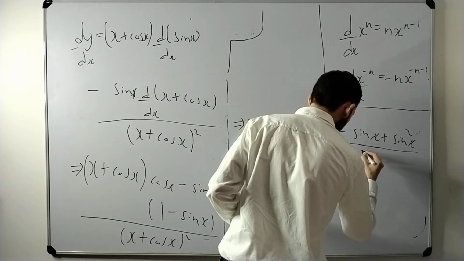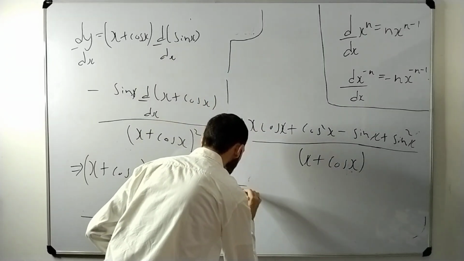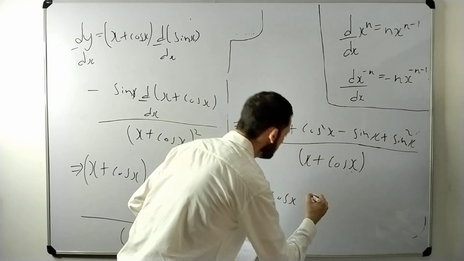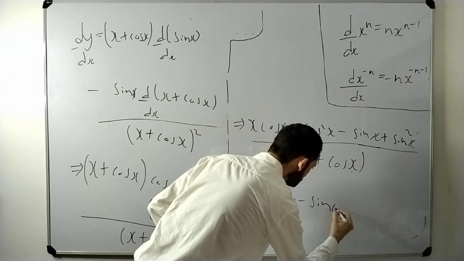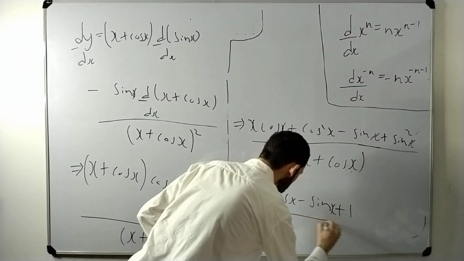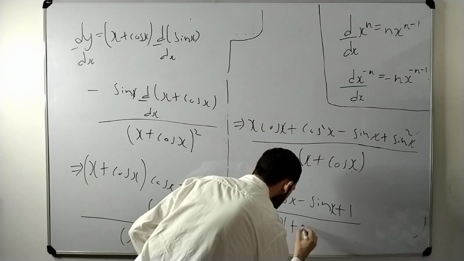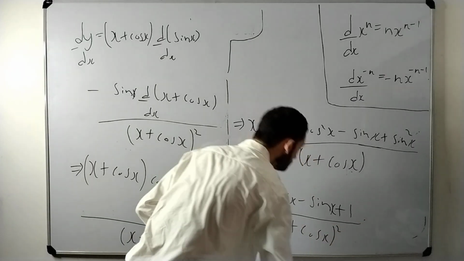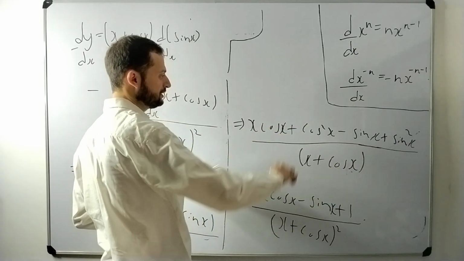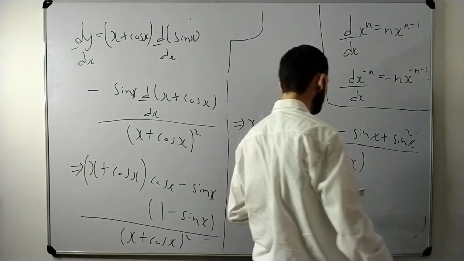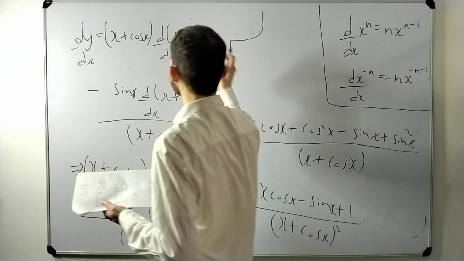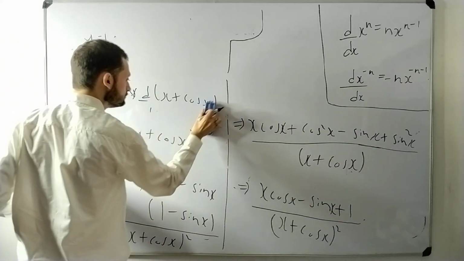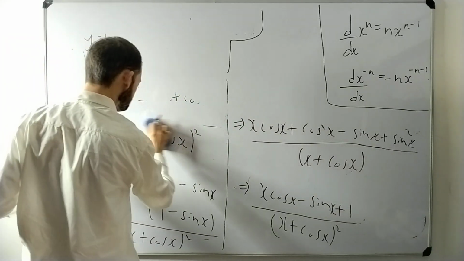What is it? The very easy identity, x cos x minus sin x plus 1, x plus cos x. So we are using a trigonometric identity. You think yourself what identity it is. So the next question, this is the answer, students.